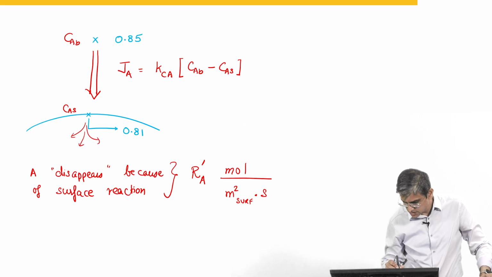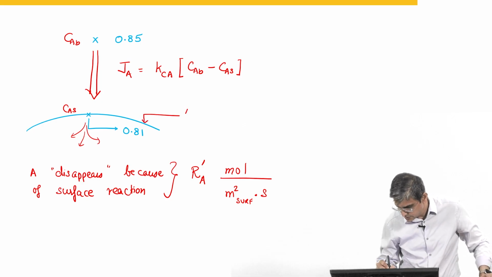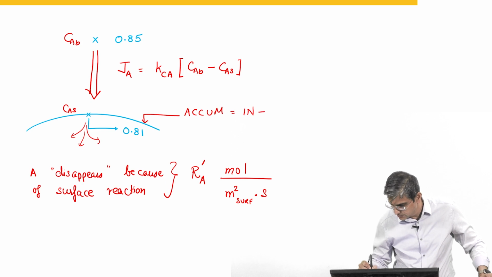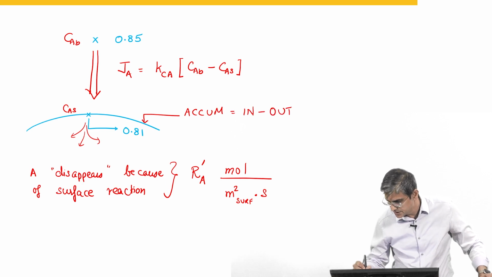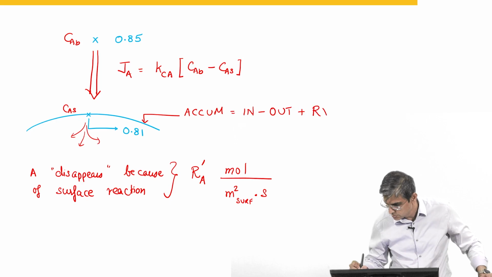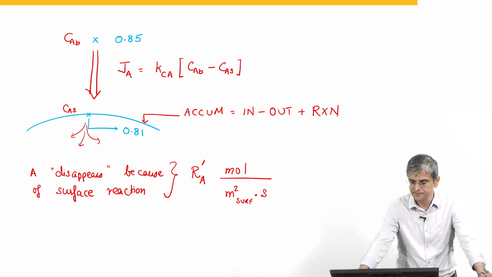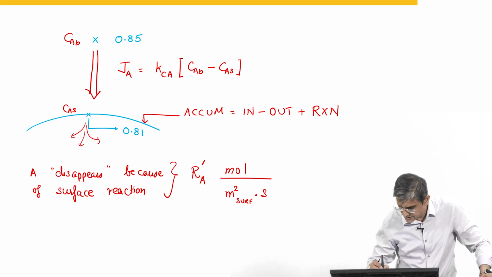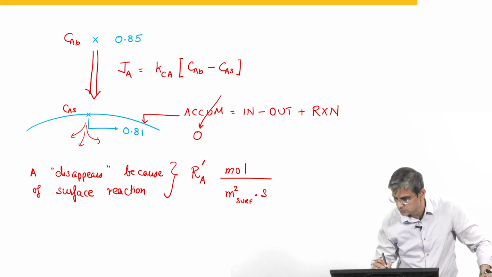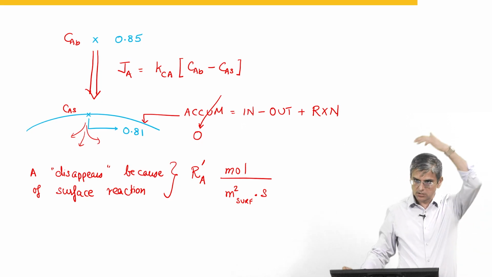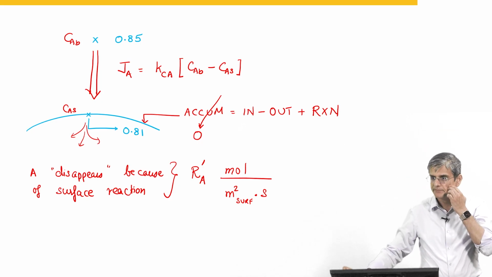If we look at this surface, accumulation equals rate in minus rate out plus reaction. Steady state, so accumulation is 0. In minus out is our JA.